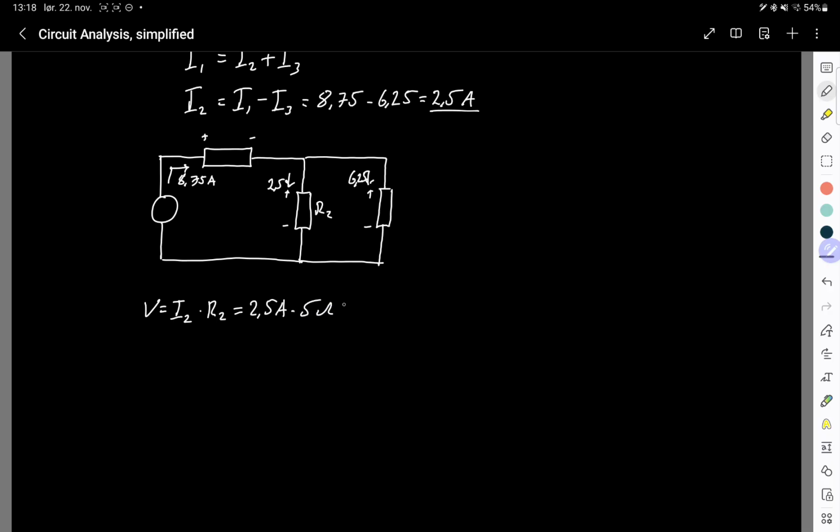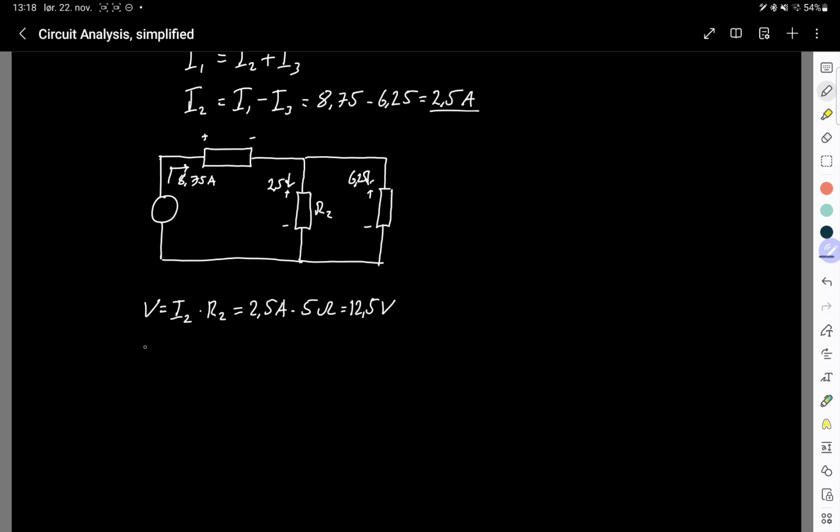I think it was 5. Sorry, 5. That is 12.5 volts. So the voltage drop over this is 12.5.